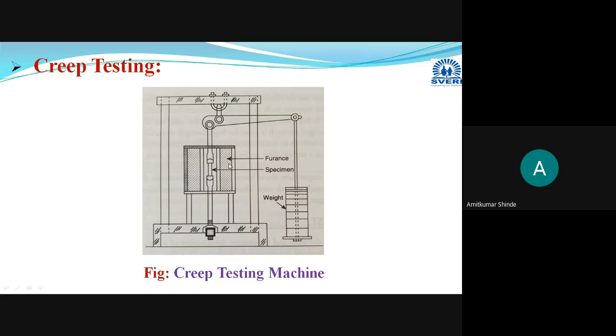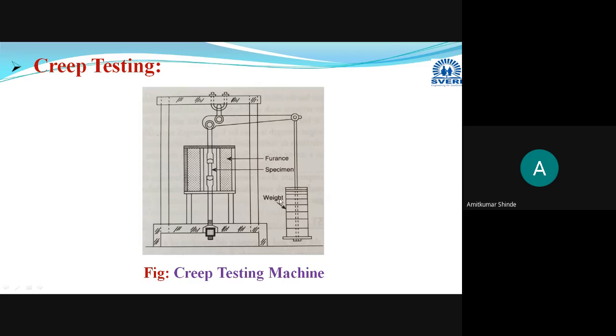One frame is used to support all this arrangement. This is the supporting frame, having a base, and with the help of one arrangement we apply the load on the specimen.